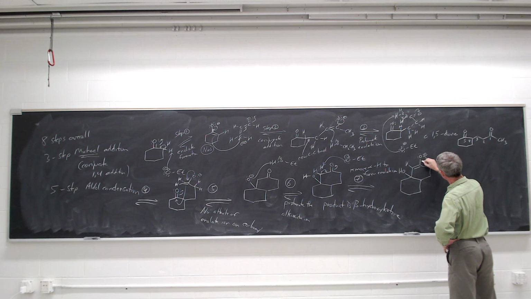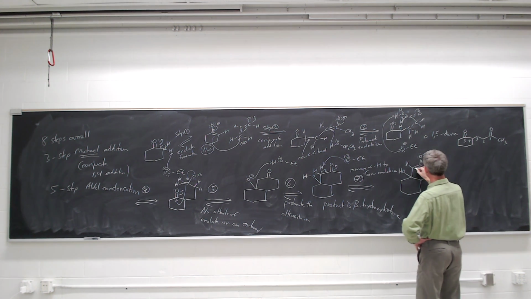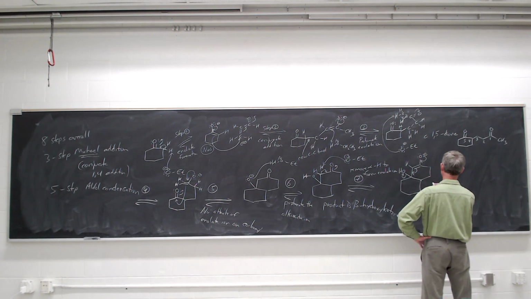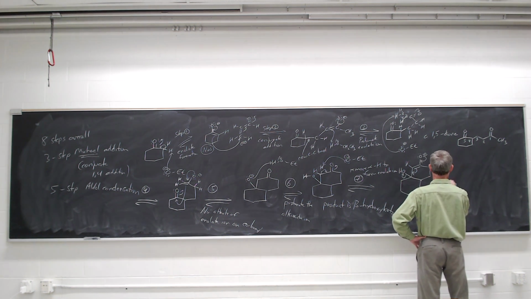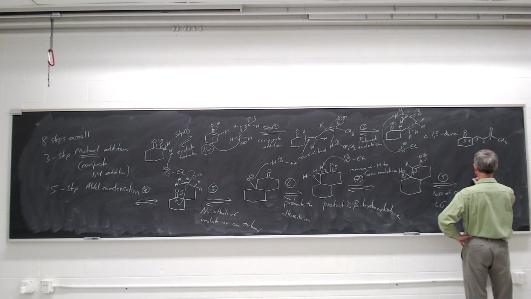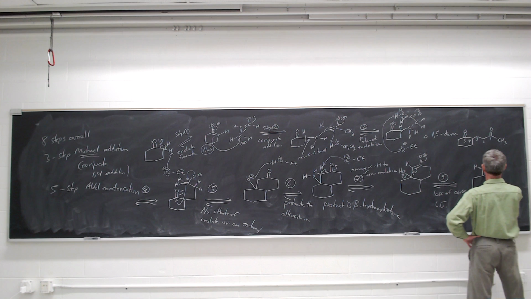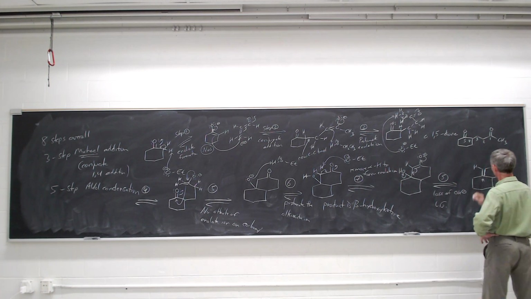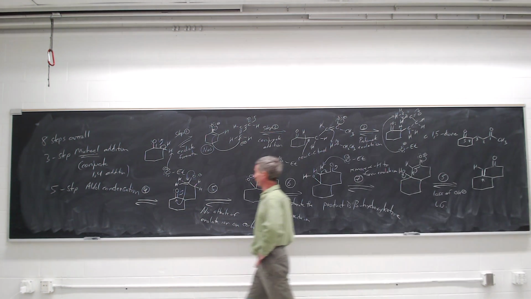Reform that carbonyl, form the carbon-carbon pi bond, and push off that hydroxide as a leaving group, creating the carbon-carbon double bond between the original carbonyl carbon and the alpha carbon.